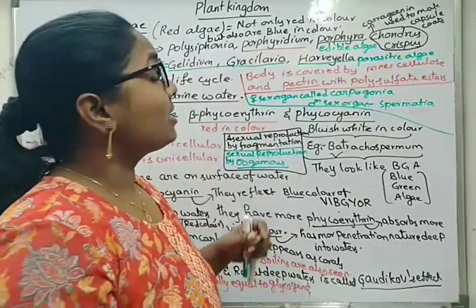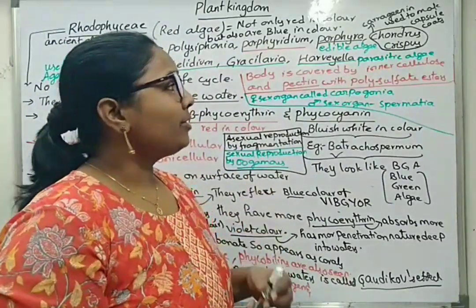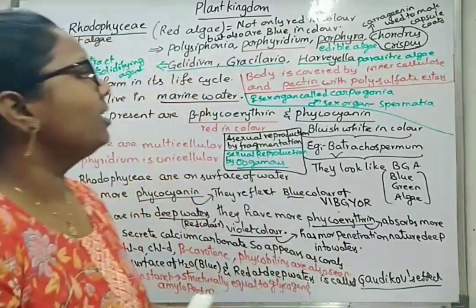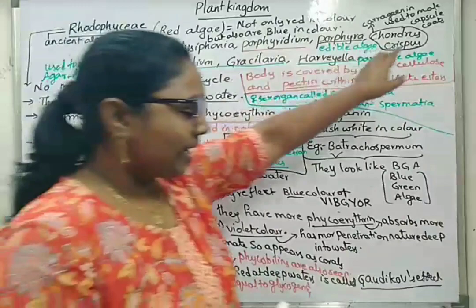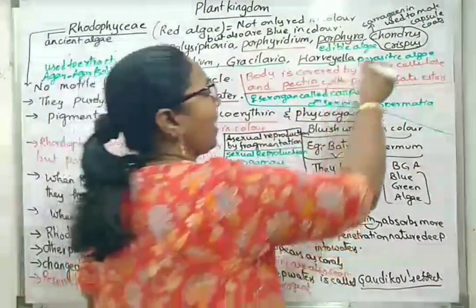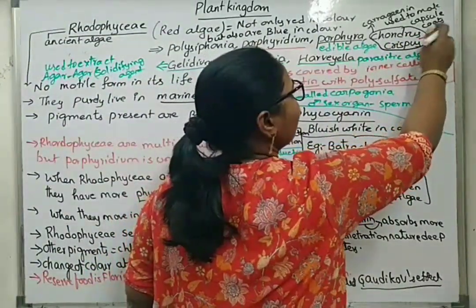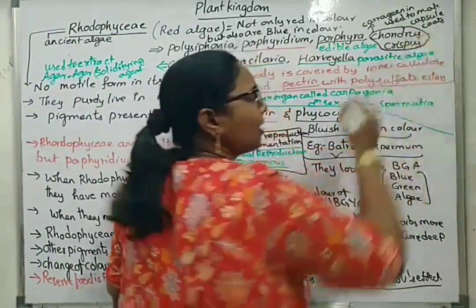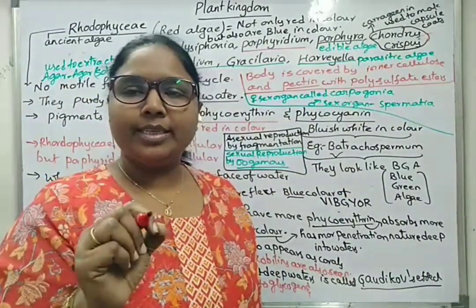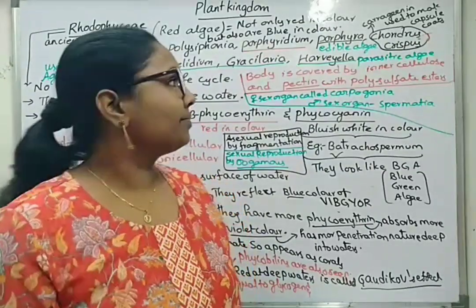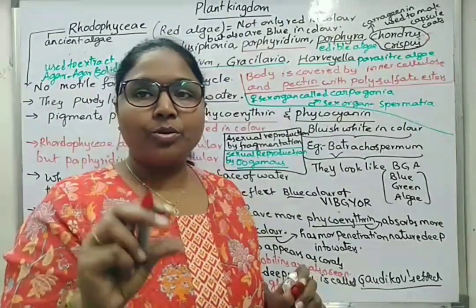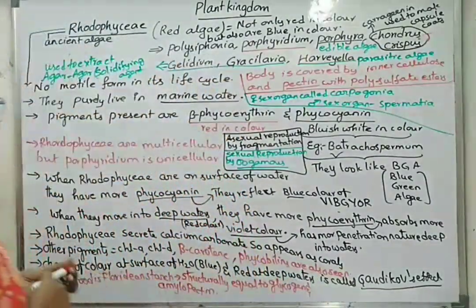Chondrus crispus is also used in manufacturing as a gelatinous substance, just like agar-agar, in ice creams and other food products to make them viscous. Its other secretion, carrageenin, is used to make the capsule coat of medicines.